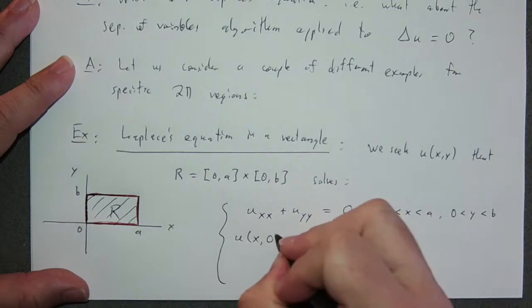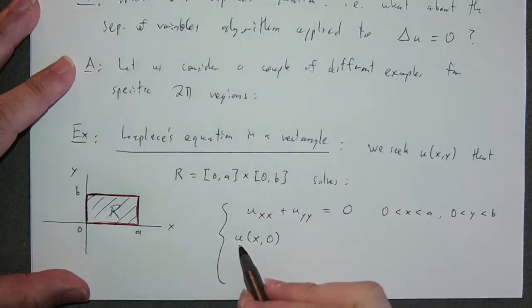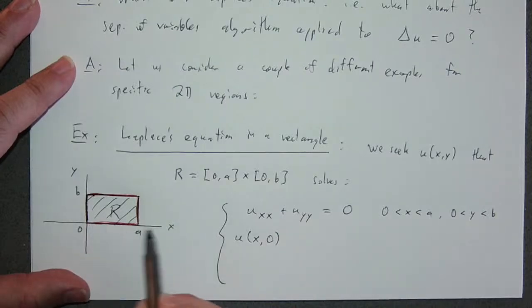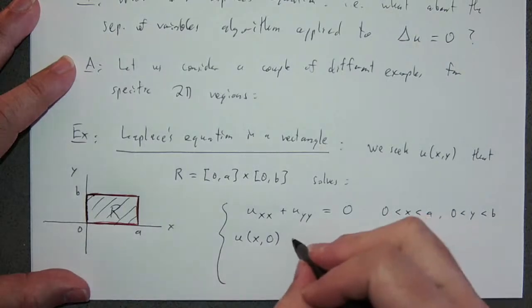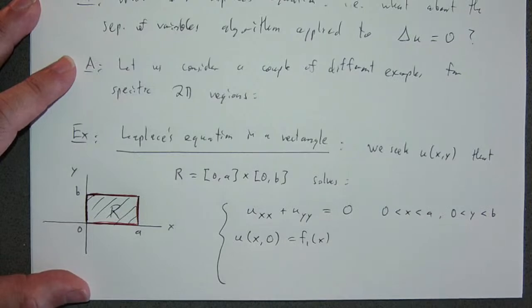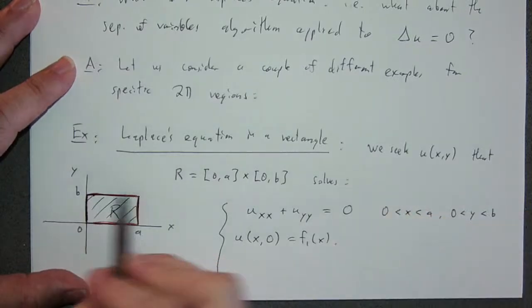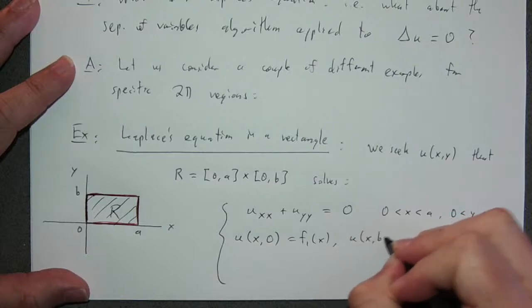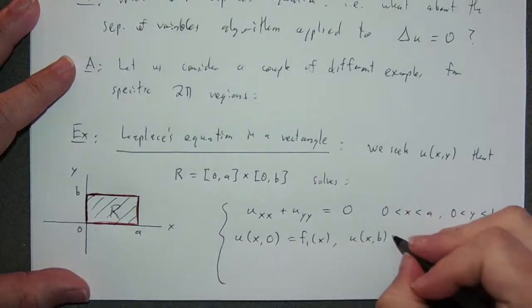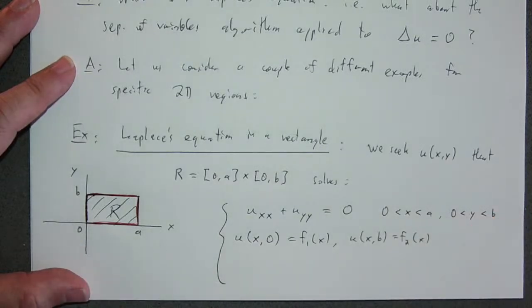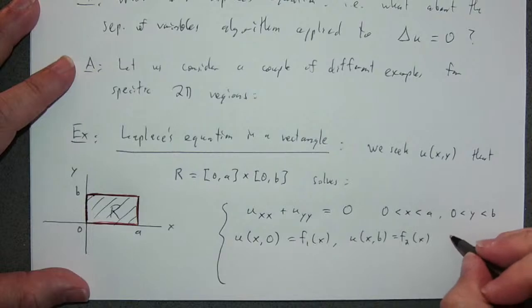The completely general case would be u of x, 0. So when y is 0, that's this bottom piece, then this is some function f sub 1 of x. When y is b, so that's the top, u of x, b is some function f sub 2 of x, and this is for x between 0 and a.